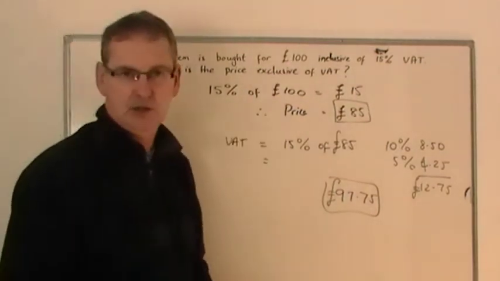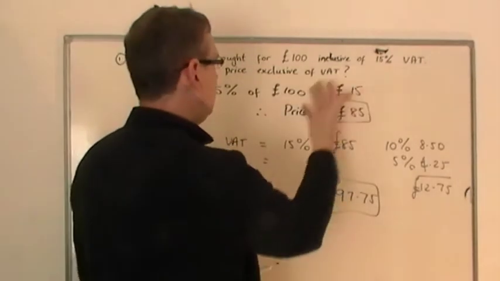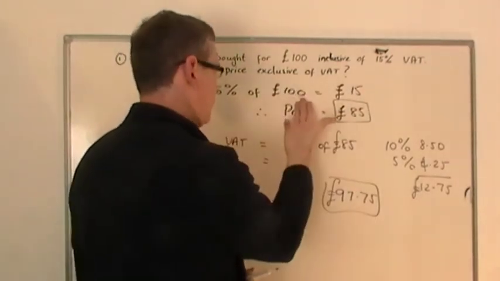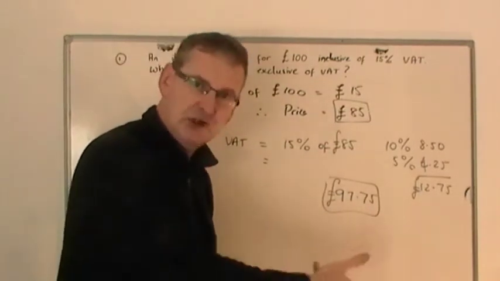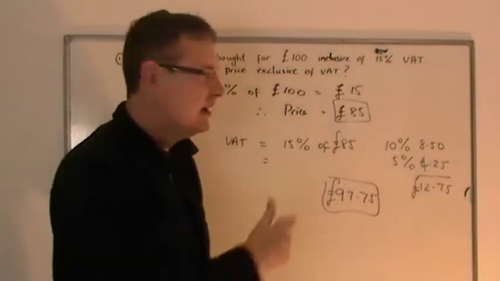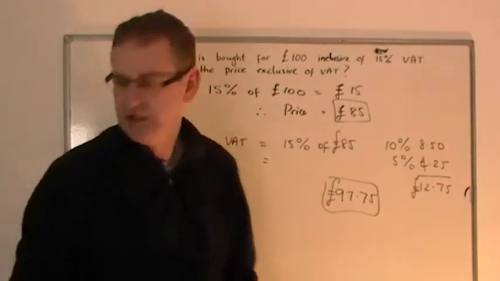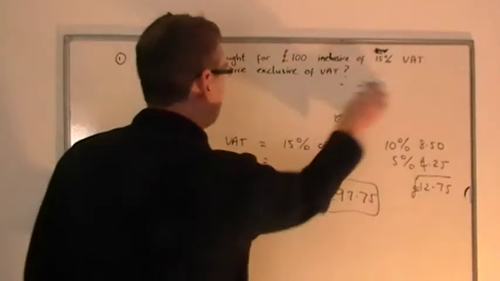You know what the final cost is, but you don't know the original cost. So you can't work out 15%, like you did here, 15% of something, because you don't know what that something is. It's 15% of the original price without VAT that is getting charged at 15%, not 15% of the final cost. Let me just rub this out, because you shouldn't be copying any of that down, because that's the wrong way to go about this question.